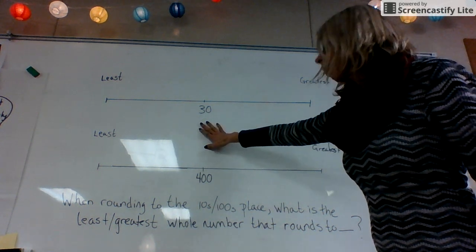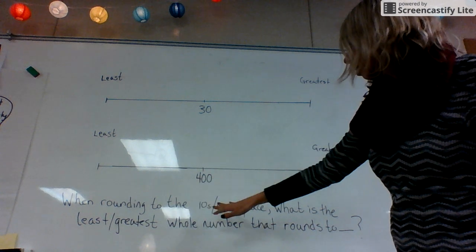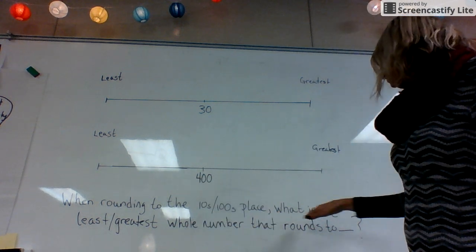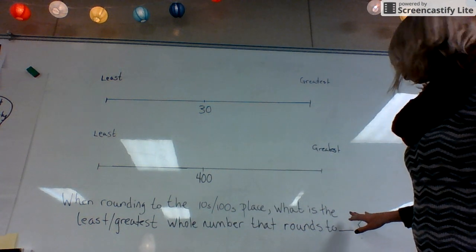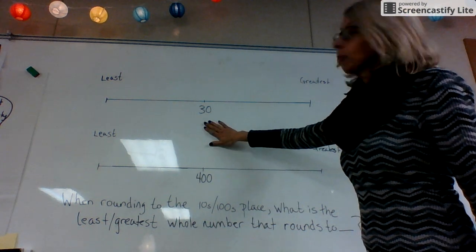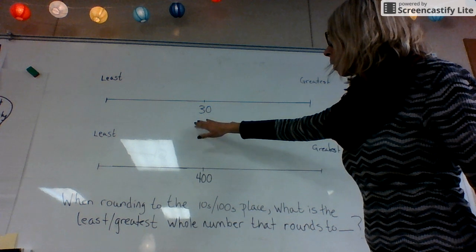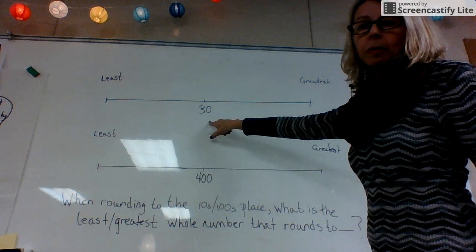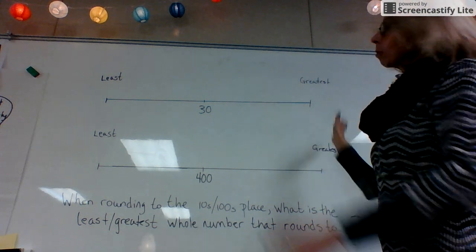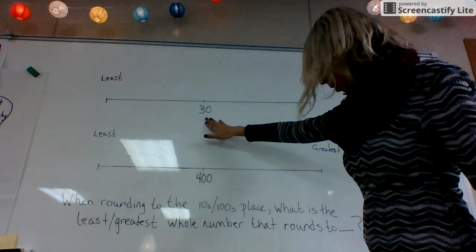So if the question were phrased, when rounding to the nearest tens place, what is the least whole number that rounds to 30? We have the students practice drawing a number line and placing the number right in the center. That way we can visualize the whole range of numbers that will round to this number.